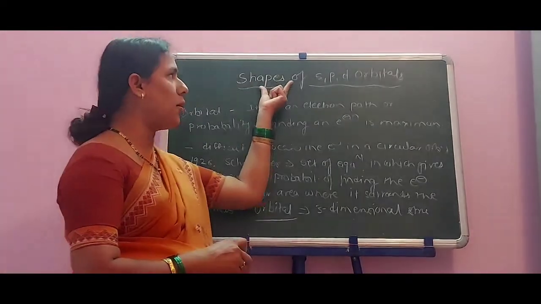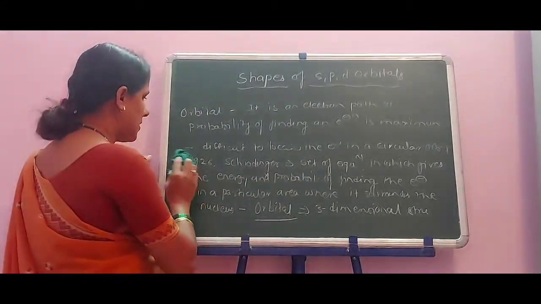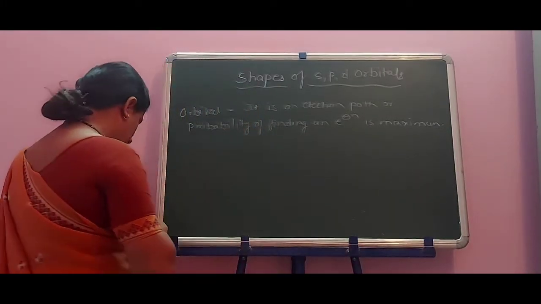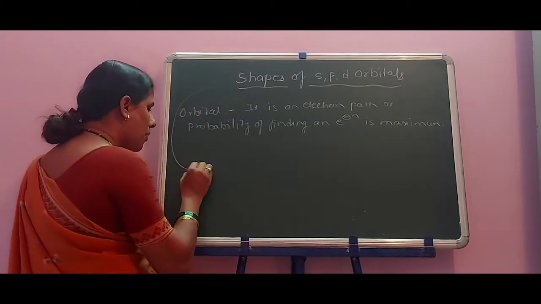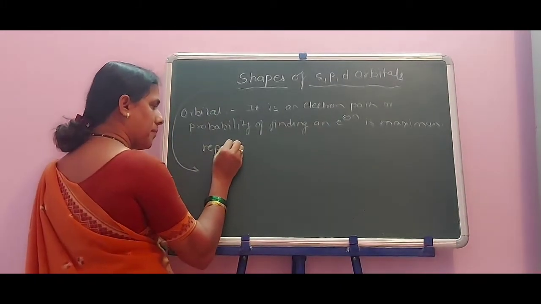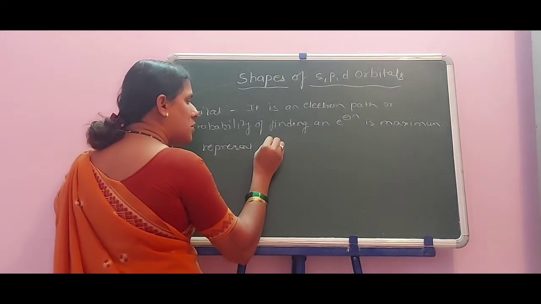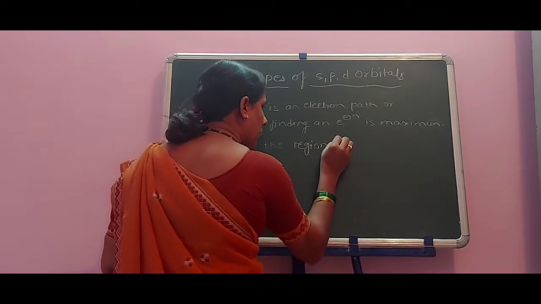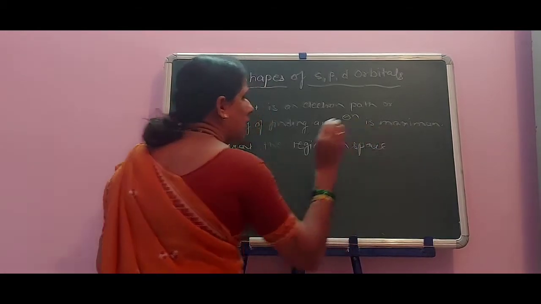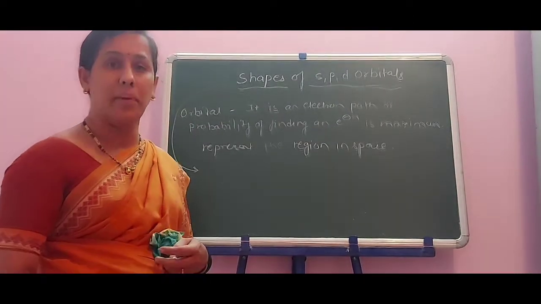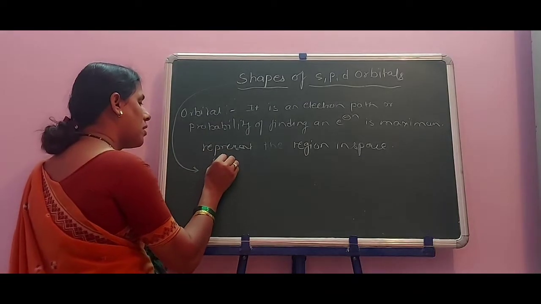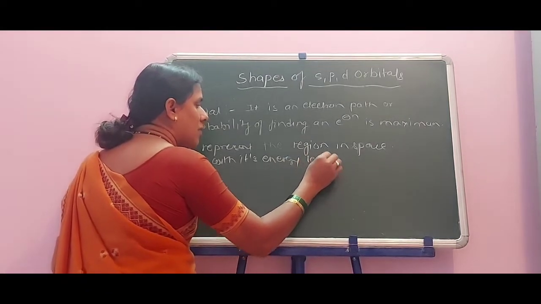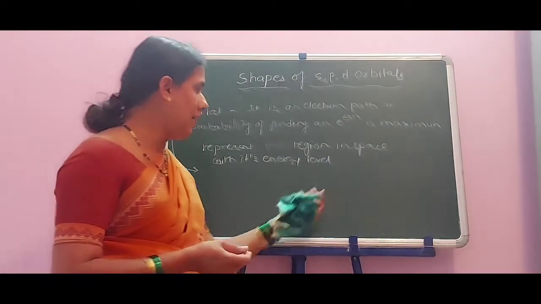Now we come to our point, the shapes of orbitals. Shapes of orbitals represent the region in space where the electron belongs with its energy levels and its probability of finding the electron.